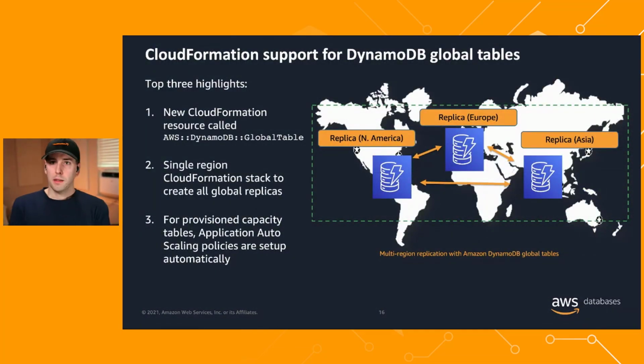So let's talk more about this kind of new resource and how is this going to help us? Well, instead of having to create a 300-line template with all the application autoscaling settings, with the new global tables resource, it's going to manage and create all of those scaling policies for you automatically. Application autoscaling is always needed for the provisioned tables.